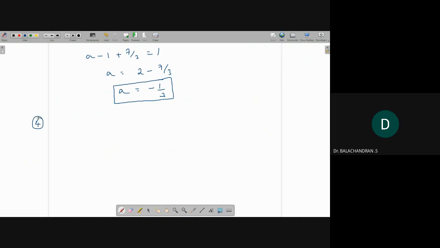So next problem. Find the coefficient of x power 4 in 1 plus 2x plus 2x square plus 2x cube plus and so on, into 1 minus x.